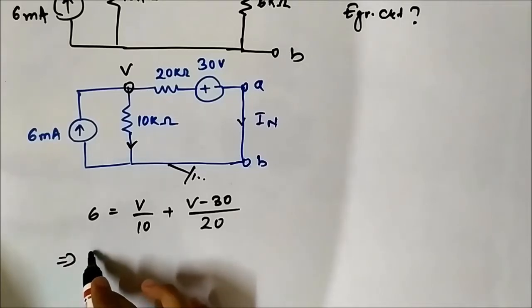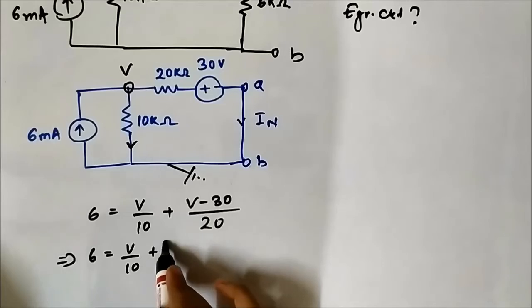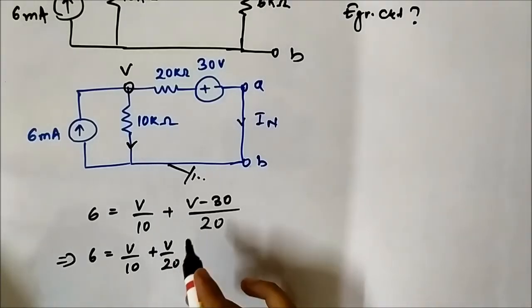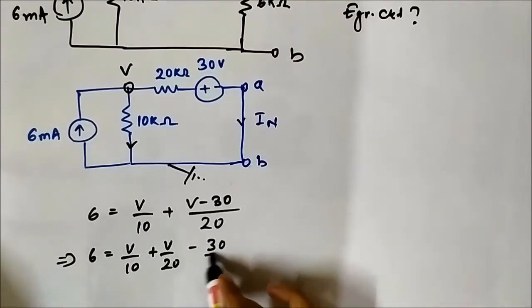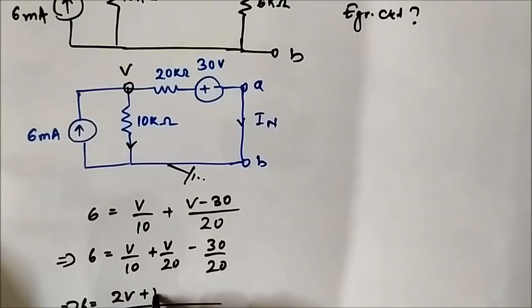That implies 6 is equal to V by 10 plus V by 20 minus 30 by 20. That implies if we take the LCM, it will be 20. So, it is 6 is equal to 2V plus V minus 30.